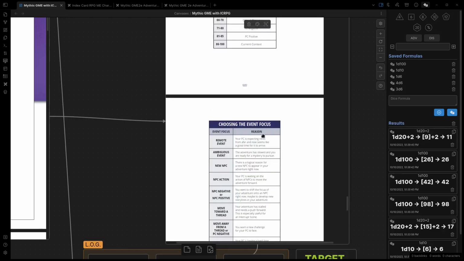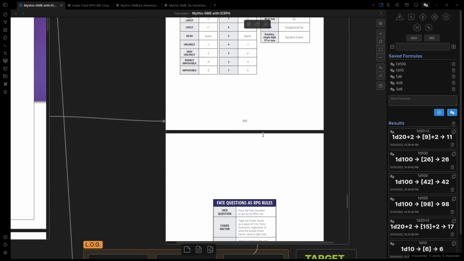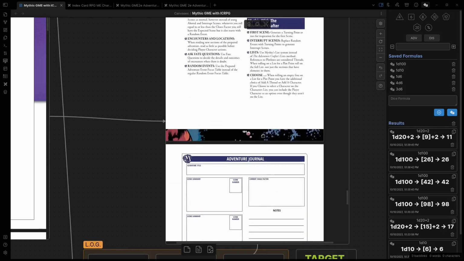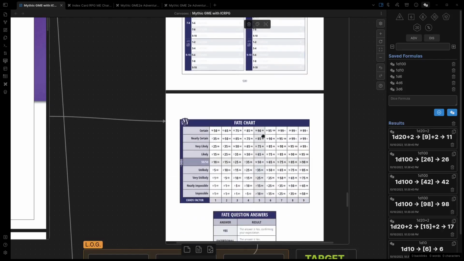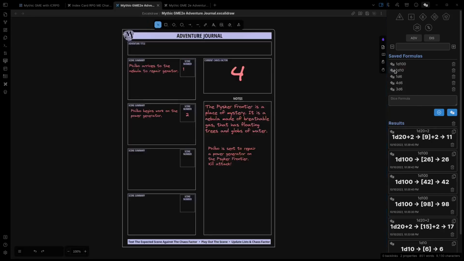I don't think it's in here, or it's not very easily accessible. I was having issues finding that earlier, although I wasn't looking too hard. So let's roll my D10. 5. Okay, cool. Scene proceeds as expected.